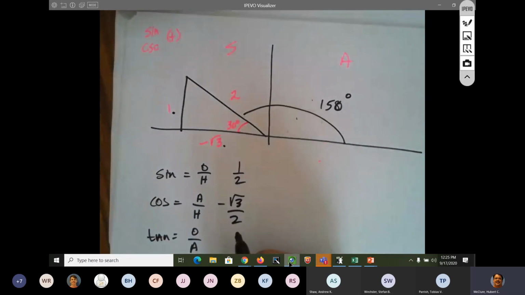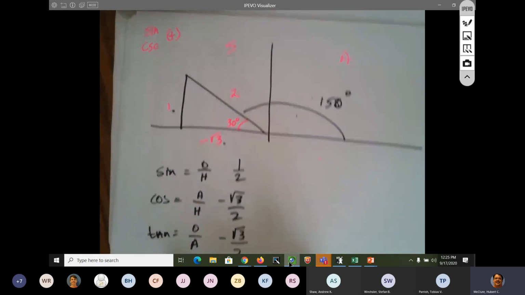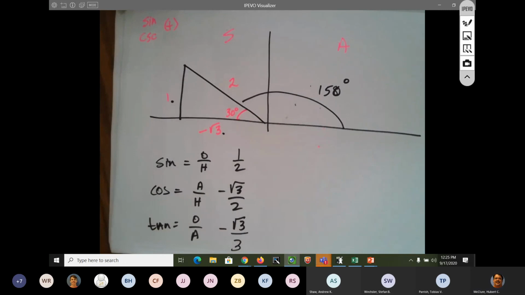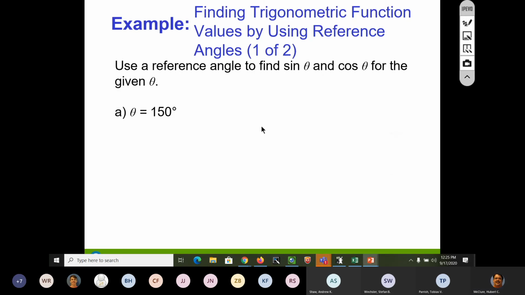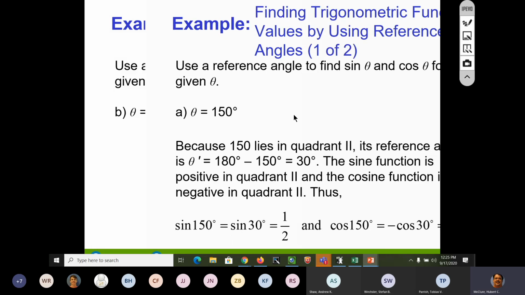So 1 over the square root, which will be negative square root of 3 over 3. And there's your 3 answers. First one is 1/2. The second one is negative square root of 3 over 2. And the tangent should be, oh, they don't want it. Okay, they don't want the tangent.